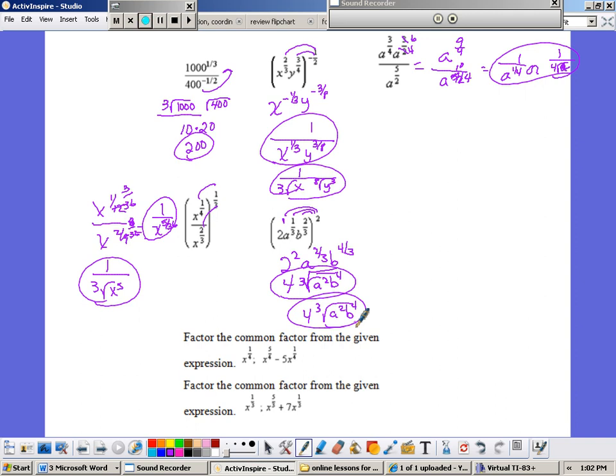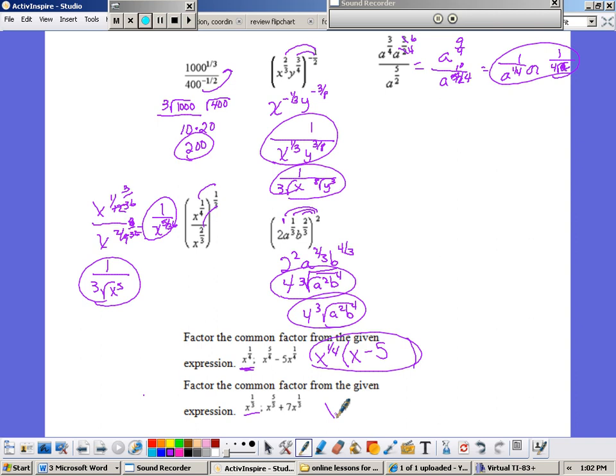Okay, factor out the common factor of a given expression. And they want me to take out 1/4. Anytime you take something out, you're dividing it. When you're dividing and the bases match, you subtract. So 5/4 minus 1/4 is 4/4, or 1. Minus 4/4, 1/4 minus 1/4 is 1, minus 5.